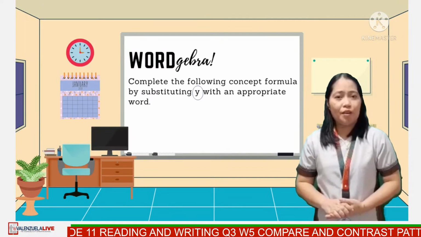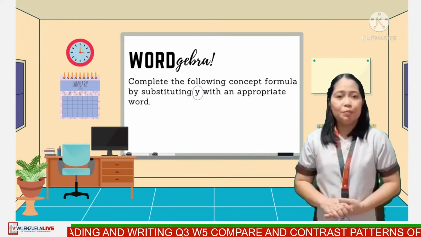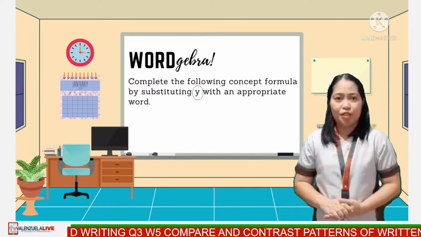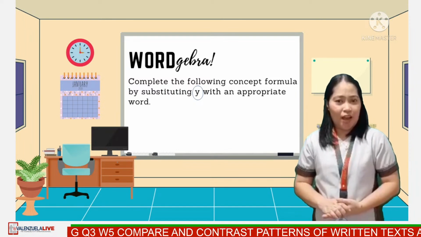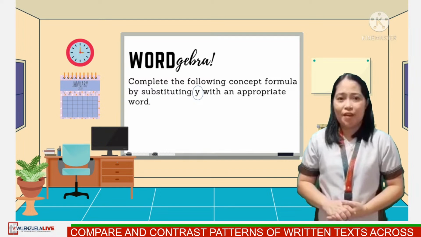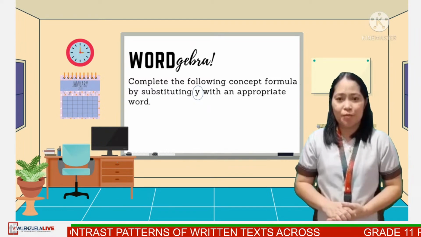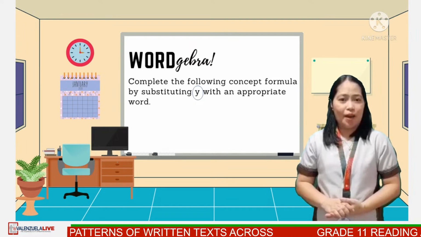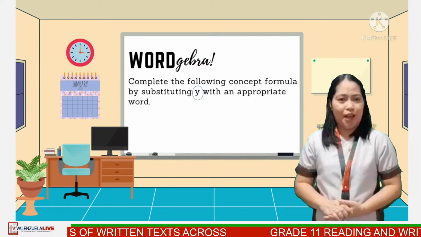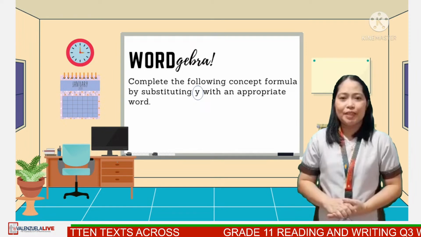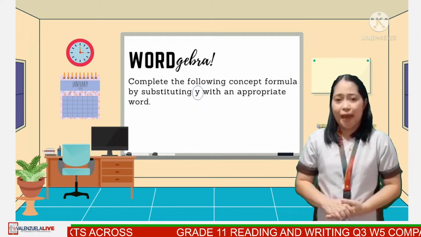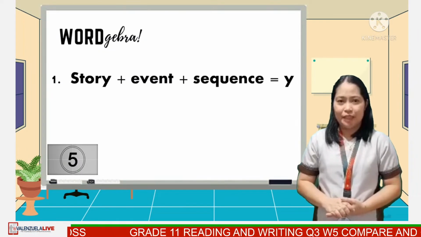For a more fun learning experience, let us play a game called Wordgebra. Sounds challenging, right? But this is a very easy task. All you have to do is to complete the concept formula by substituting Y with an appropriate word. Analyze the given words and identify what pattern of paragraph development is being described.